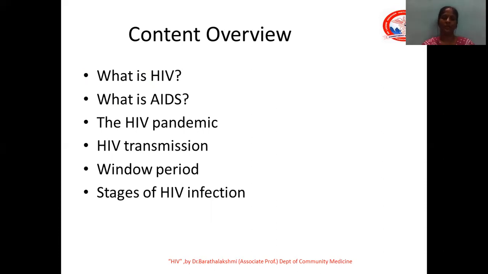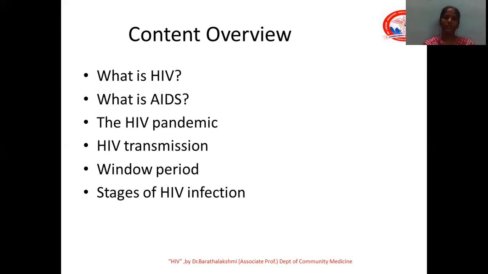Whether the season shifts from one to the other, or whatever the economic status, it is there continuously in a community, but in a controlled manner, in an expected number. That is endemic. Epidemic is an outbreak of the same disease in an out-of-proportion manner, but again, this outbreak is constricted to one state or one province.